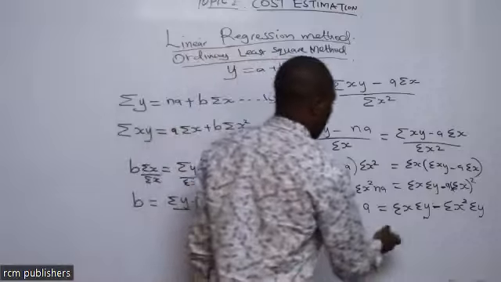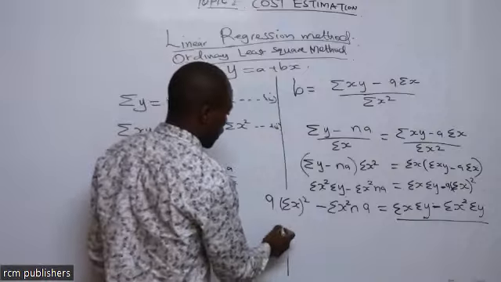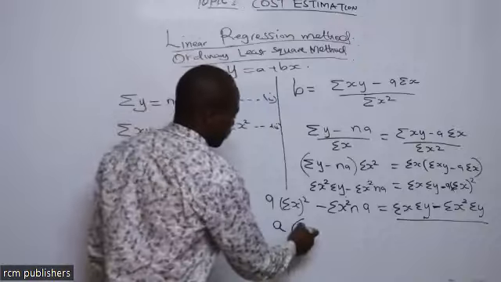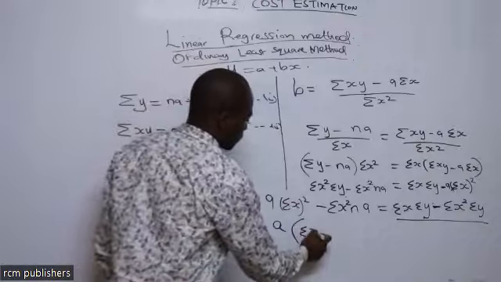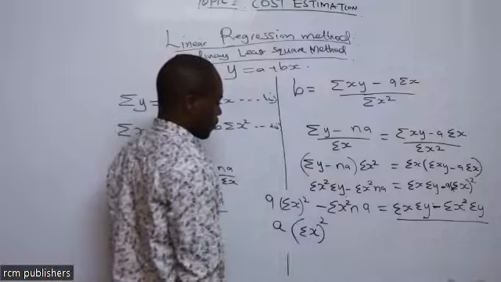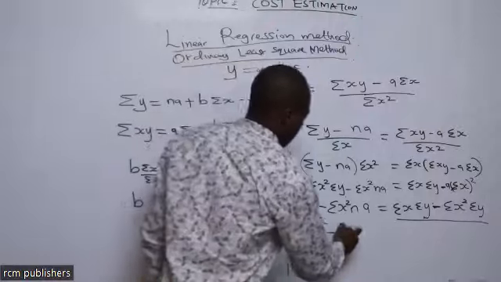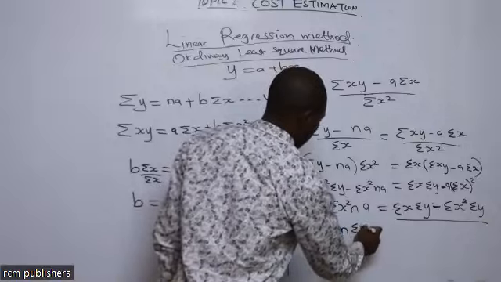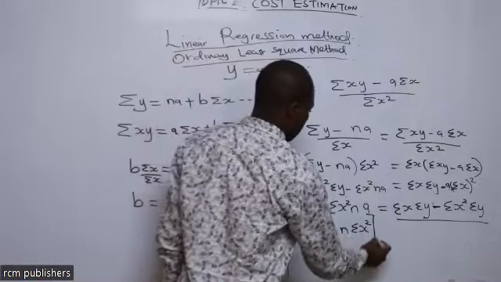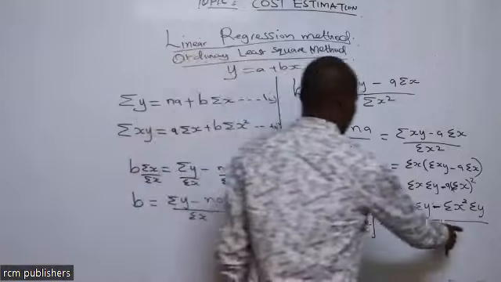Then we are now going to divide to get our A. So A into bracket summation of x squared minus n summation of x squared. That is what we have, which we're supposed to take to this side.